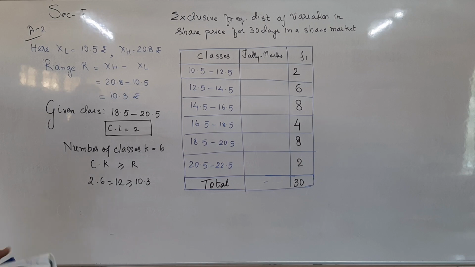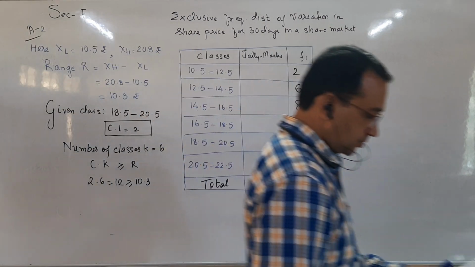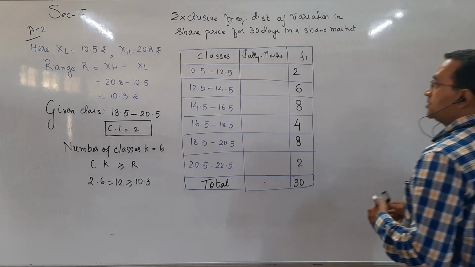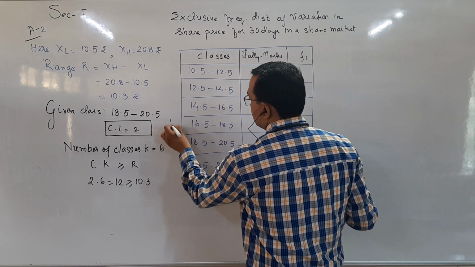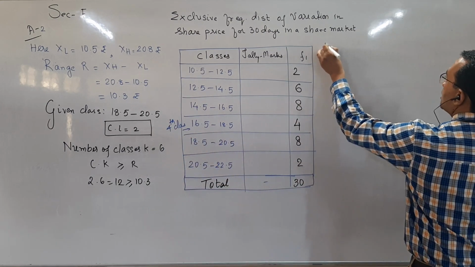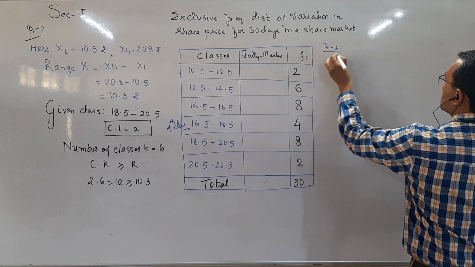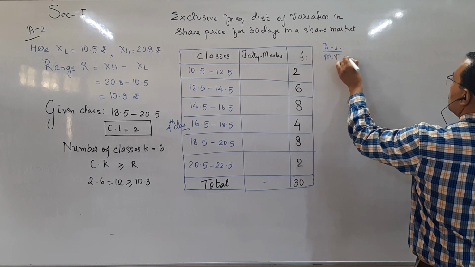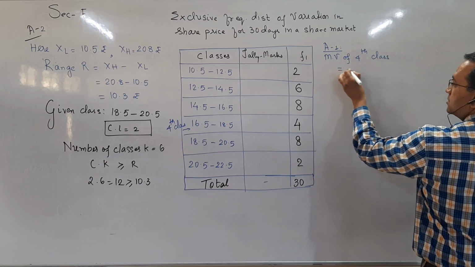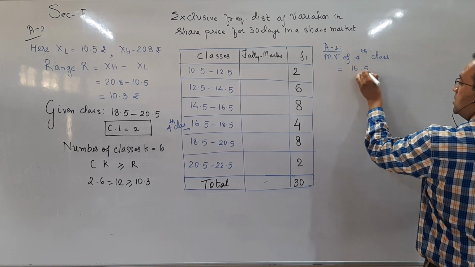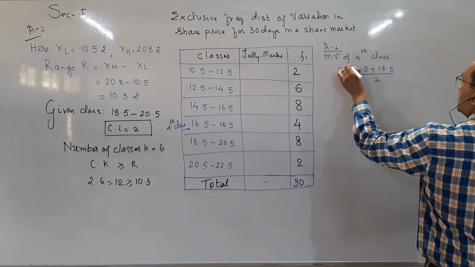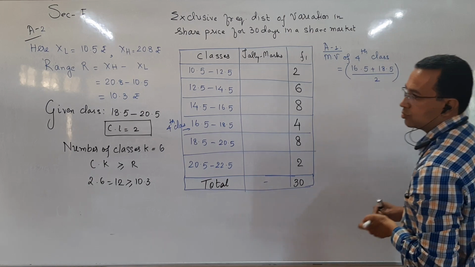What is the mid value of the 4th class? Okay, students. Our 4th class is this. So answer 1: mid value of the 4th class is 16.5 plus 18.5 divided by 2.